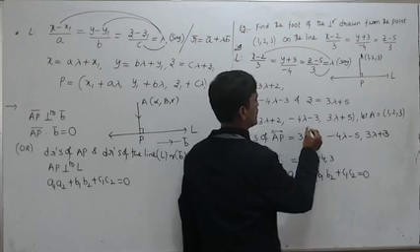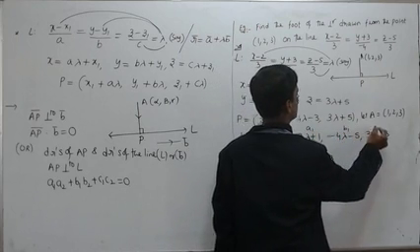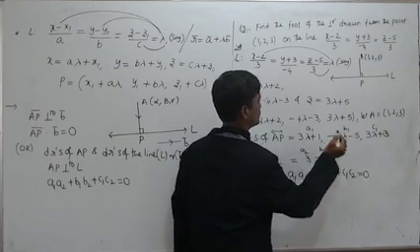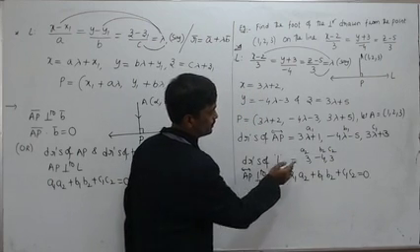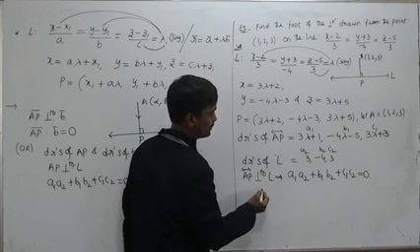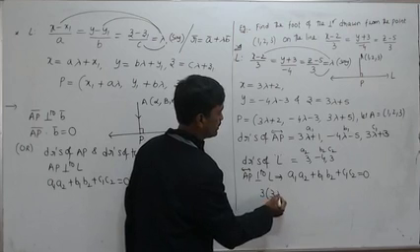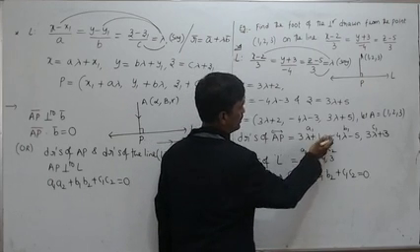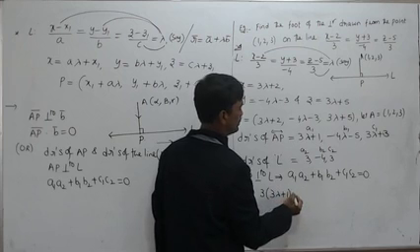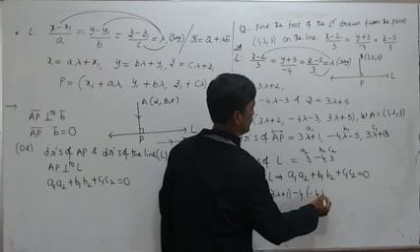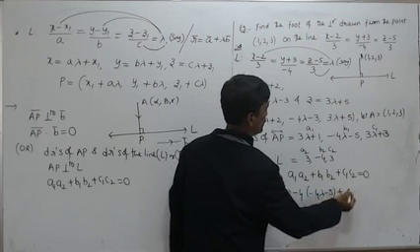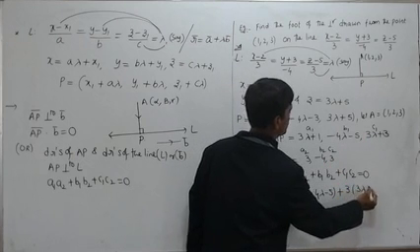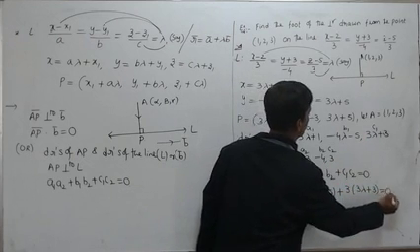So this is A1, B1, C1 and this is A2, B2, C2. So 3 into (3 lambda plus 1), plus minus 4 into (minus 4 lambda minus 5), plus 3 into (3 lambda plus 3) is equal to 0.